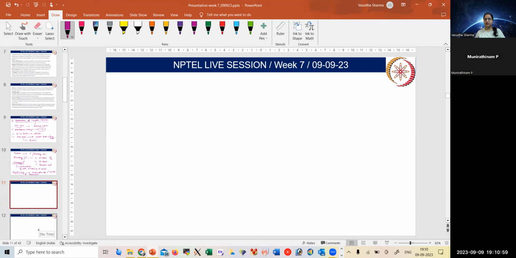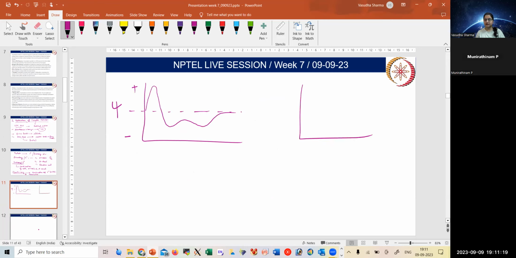We also identified how alpha helix, beta sheet, and random coil are going to be seen in your CD spectroscopy. This is positive and negative. In alpha helix, it starts from positive and shows two negative bands on the negative side, at values around 190 nanometer, 220, 202 and 218. Whereas in beta, it starts from 195 and has a band at 213 or 218 something.